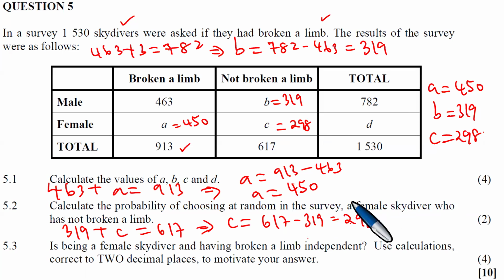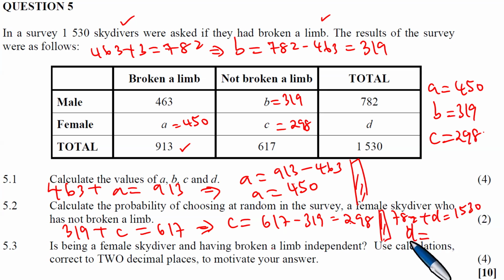Okay, we're not done yet. Our D as well. You add these two. Right, meaning that at this point, what can we achieve? We have 782 together with D, which is exactly 1530. D becomes the difference.